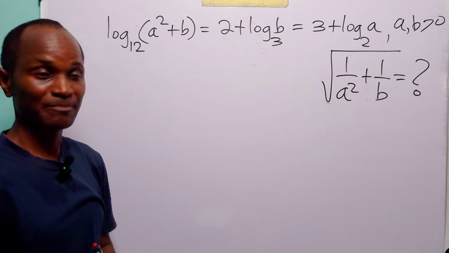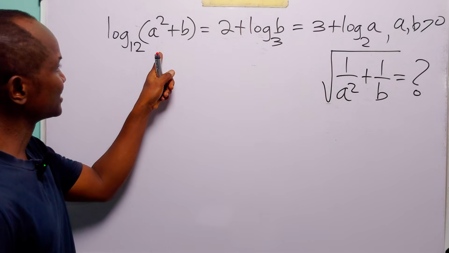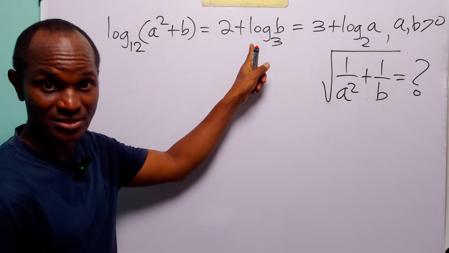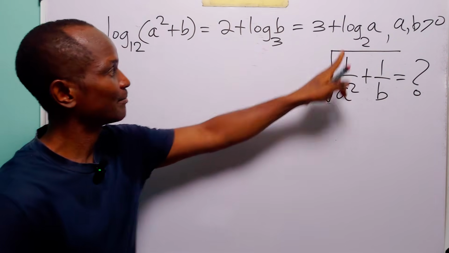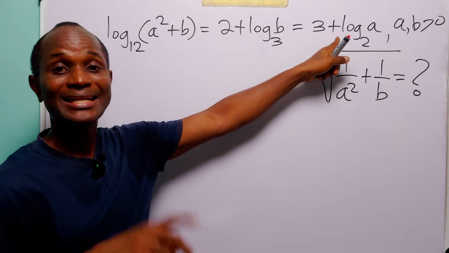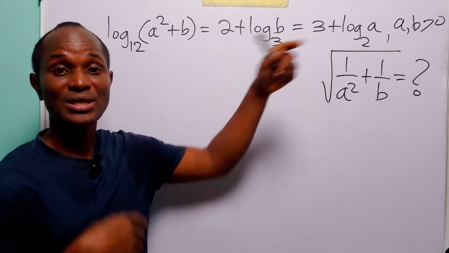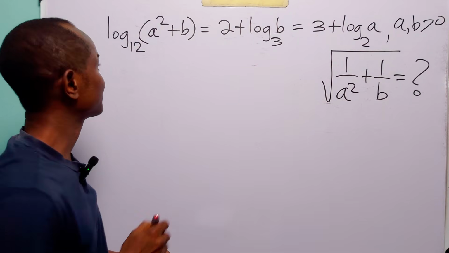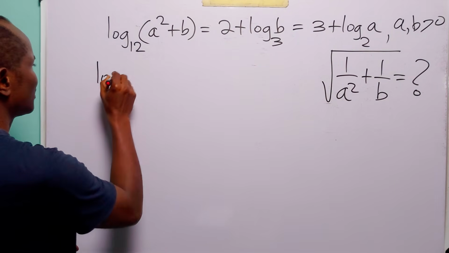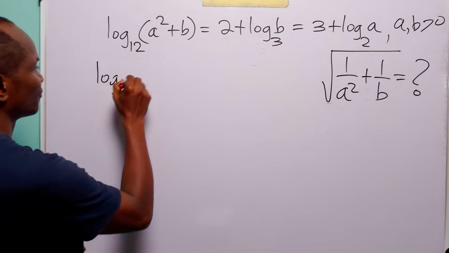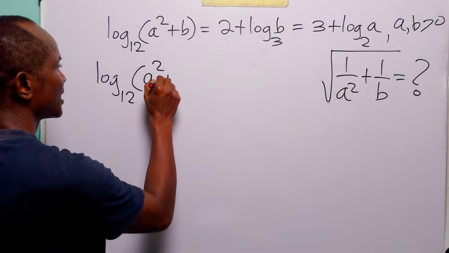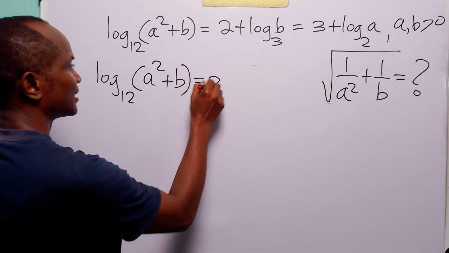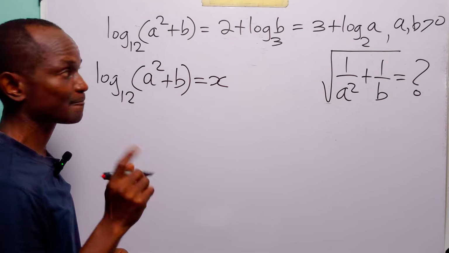And we are told that a and b are positive numbers. Now, to solve this problem, since this quantity is equal to this quantity and at the same time equal to this quantity, then let the three of them be equal to a constant x. What this means is that log to base 12 of (a squared plus b) will be equal to x.